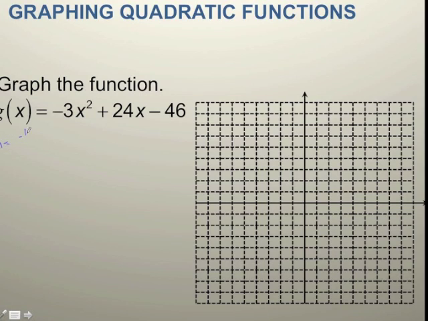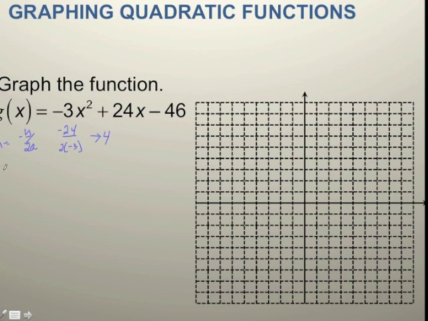h equals negative b over 2a, so that will be negative 24 over 2 times negative 3, or negative 24 over negative 6. That will equal 4.